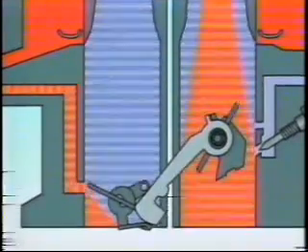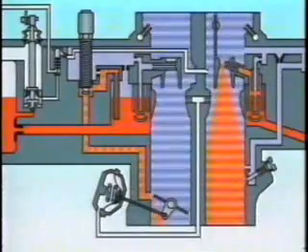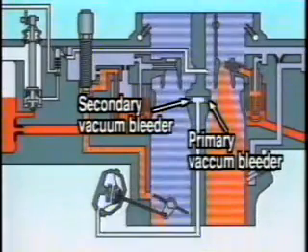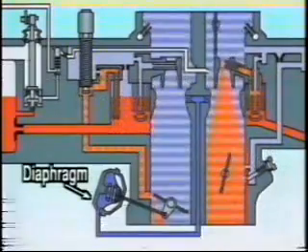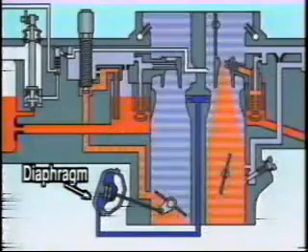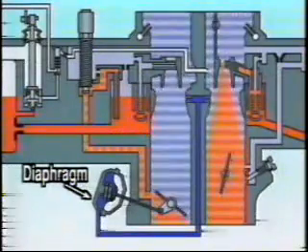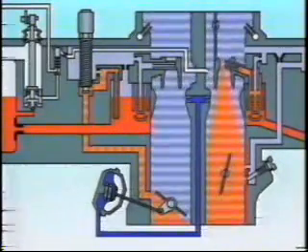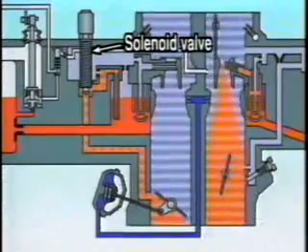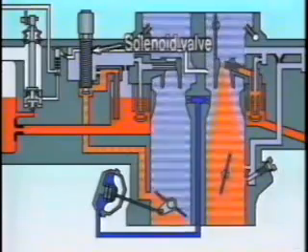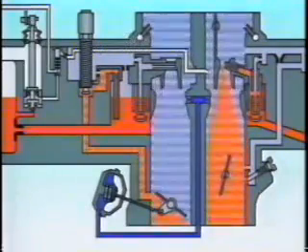When this happens, the vacuum bleeder, which is part of the Venturi, produces a vacuum which opens the secondary throttle valve. When the engine RPM rises, the pressure from the vacuum bleeder overcomes the diaphragm spring, which in turn causes the secondary throttle to slowly open. The secondary low-speed circuit, like the primary low-speed circuit, uses a solenoid so that when the ignition switch is off, the route is closed off.